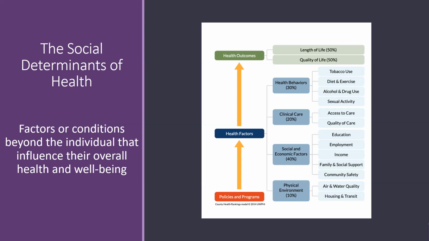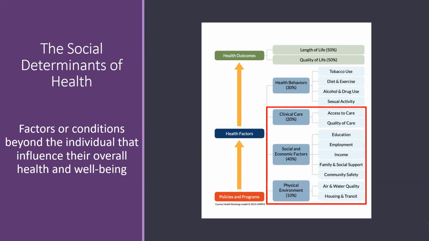The County Health Rankings folks do recognize that this needs to be updated, and I have heard that they are working on an update, but this is the best model that they currently have that can help guide the work that we're doing in extension.